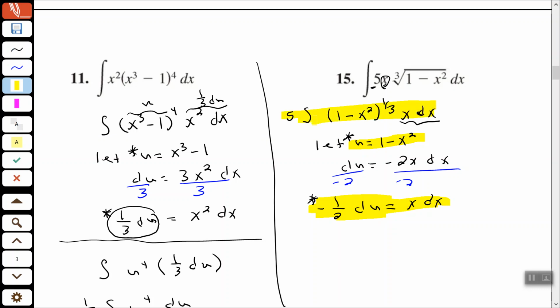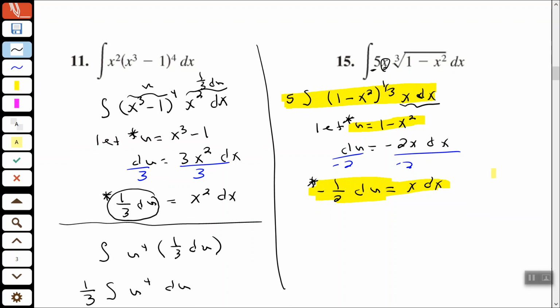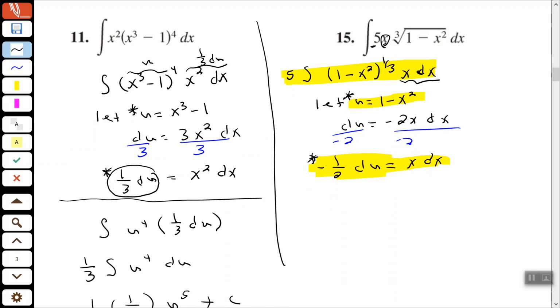And this is the function that we're working with, so we have to keep in mind that we have that 5 constant multiple outside of the integration. All right, so let's rewrite this, keeping the 5 outside of the integration symbol, times the integral of, we're replacing 1 minus x squared with u, so u to the 1/3 power.